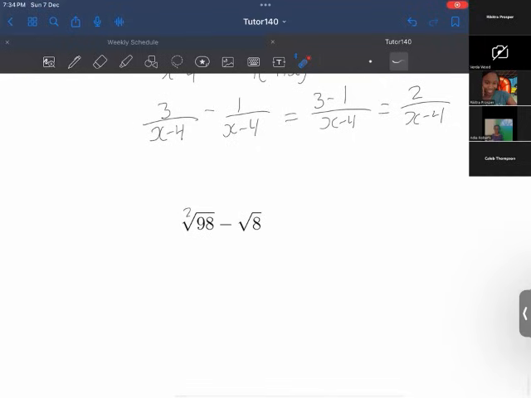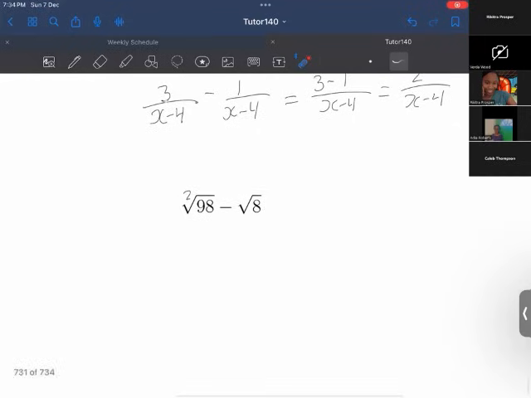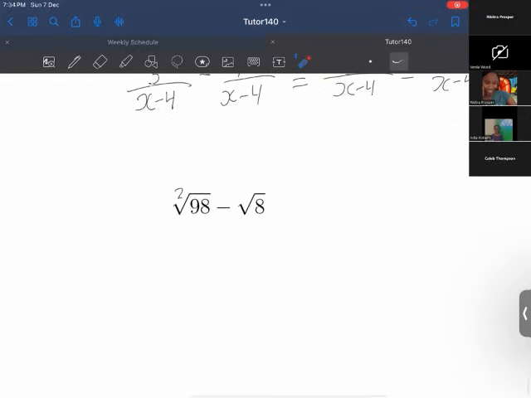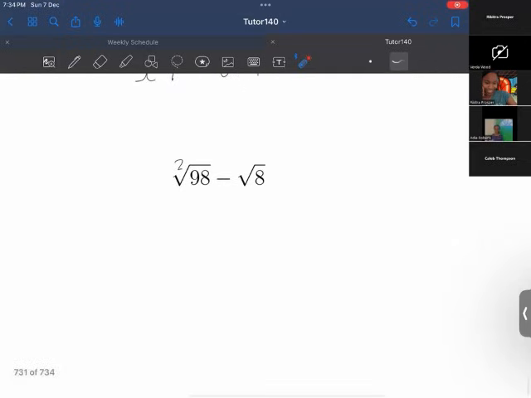First thing I'm going to do for 98, I'm going to divide 98 by 2, since I can't really see what perfect square is in it. So it happens to be 49. When I see questions like this and I don't know how to find the perfect square, I just start dividing until I see what perfect squares are in it.